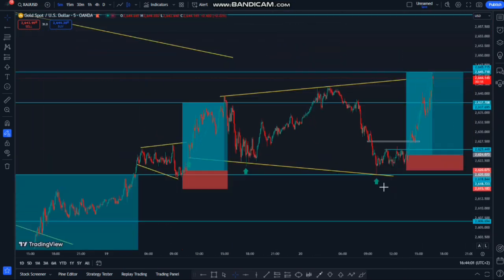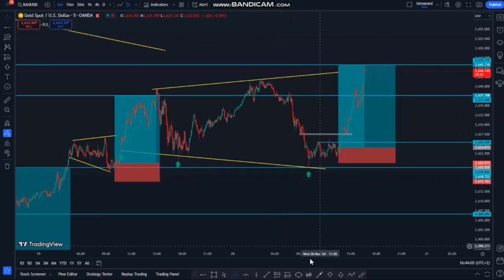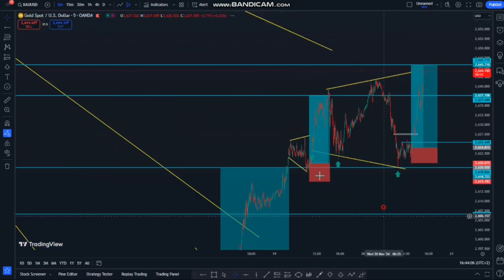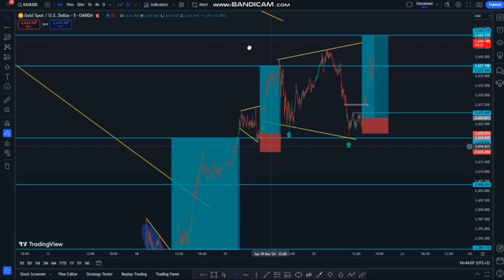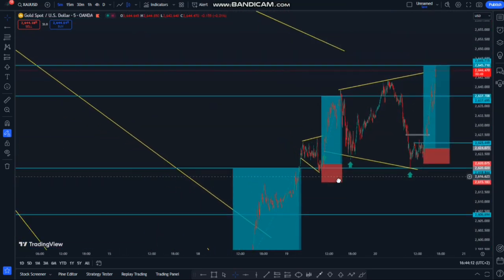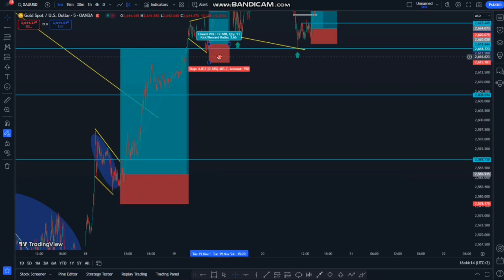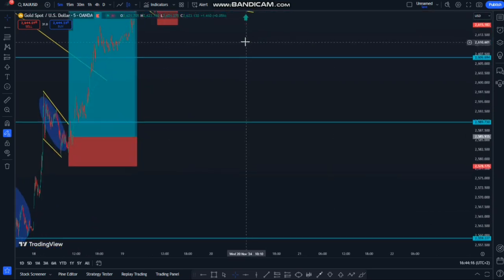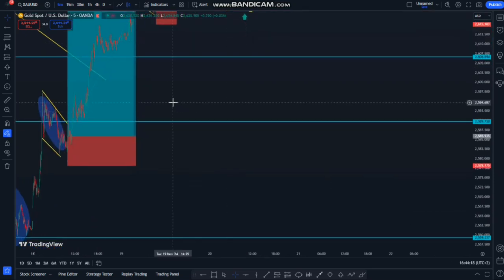So what you need to understand, guys, before you trade gold, you must identify the market direction. First, is the market going up or going down? And then second, you need to identify your supports and resistance.